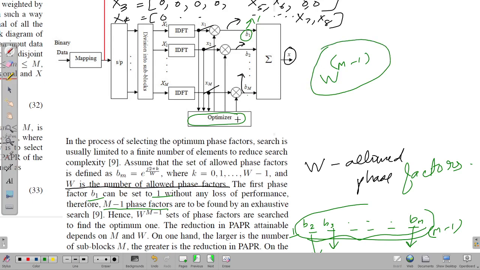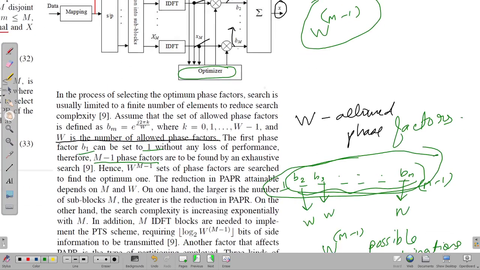It simply substitutes each combination of phase factors and tries to find the set of phase factors which, when multiplied with time domain signals x1, x2 up to xm, gives the minimum PAPR when you add all these sequences. So there lies the complexity of this process.